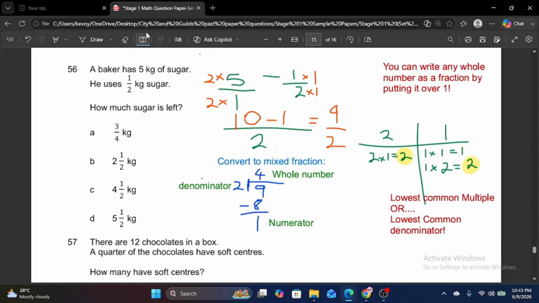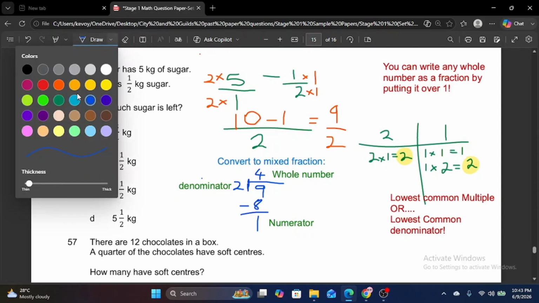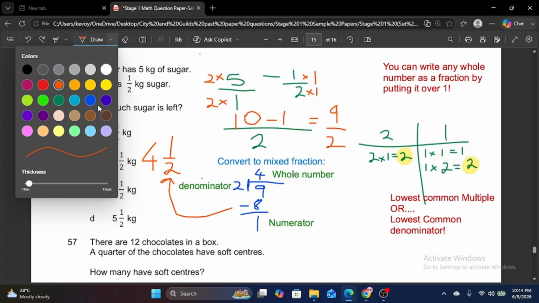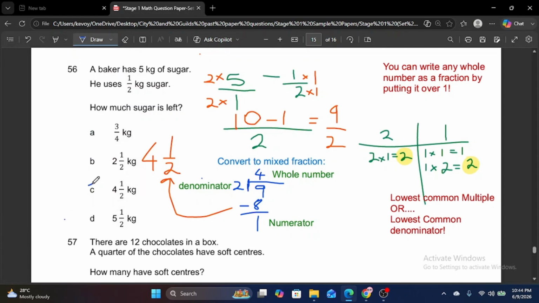So I'm going to write it as 4 and 1 over 2. So that would be C. That would be C, so 4 and a half.